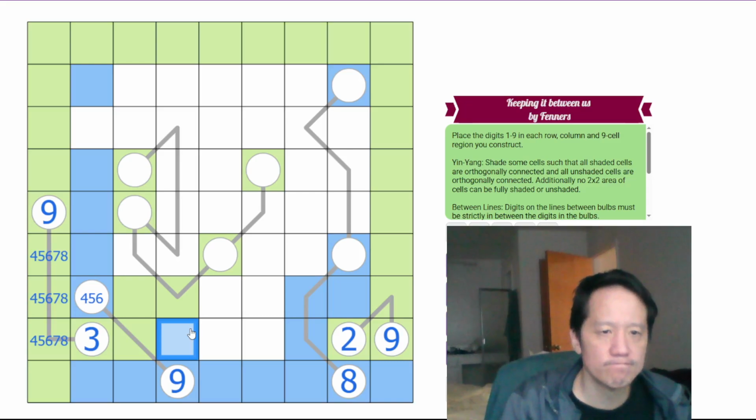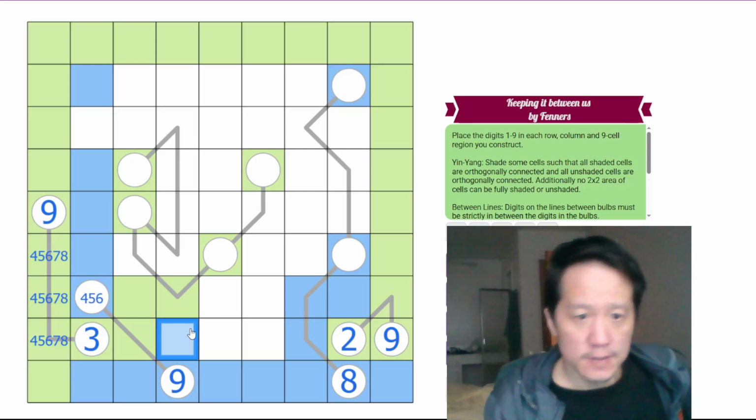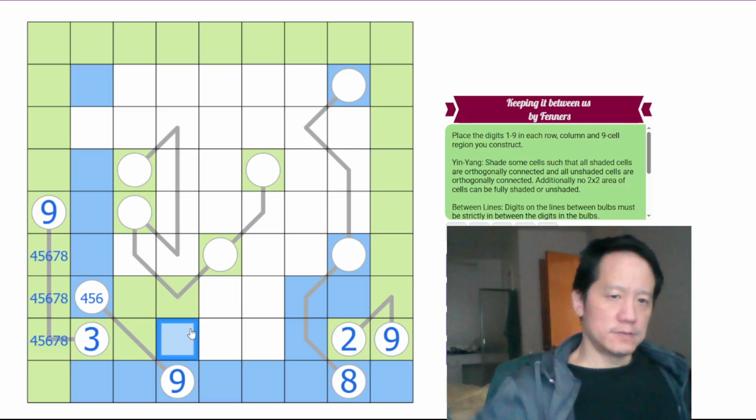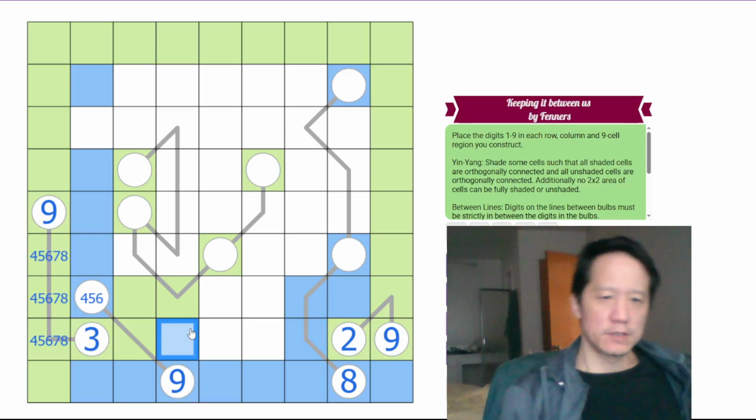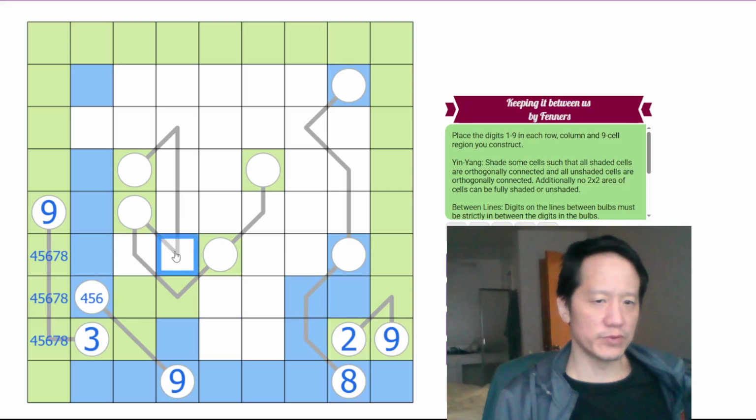Interesting. We have a 2 by 2, we have 2 diagonally connected cells which are green. So one of these has to be green, and one of these is blue.